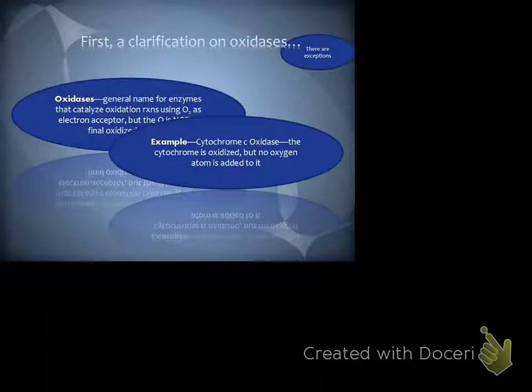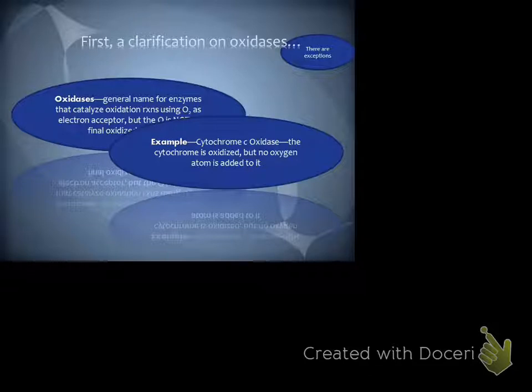Cytochrome c oxidase, the cytochrome is oxidized, but there's no oxygen atom that's actually added to it. Because technically, if you look at it from the point of the water, I guess ATP synthase would be an oxygenase. There are some exceptions historically where they still just call it an oxidase, even though it's really an oxygenase, so it's not a cut and dried rule.